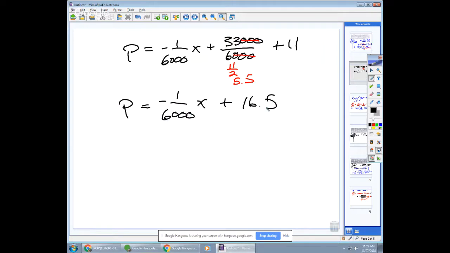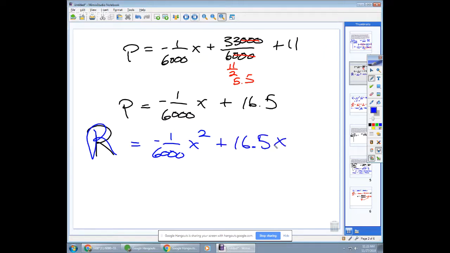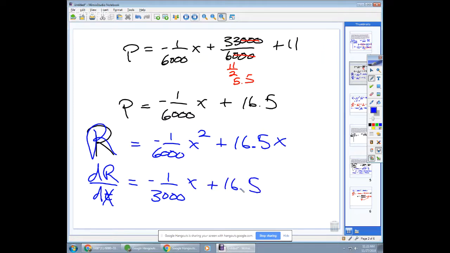So then revenue would be -1 over 6,000 X squared plus 16.5 X. The derivative dR/dX is equal to -1 over 3,000 X plus 16.5, set equal to 0.